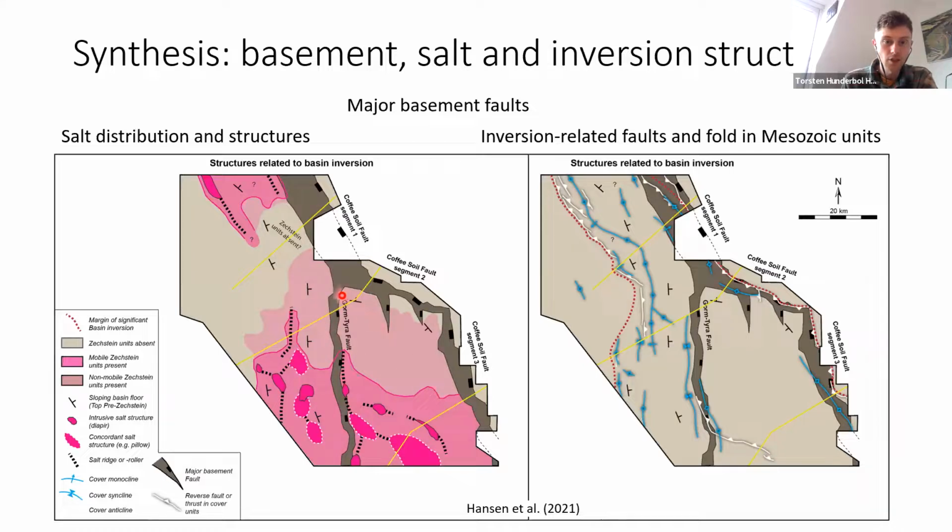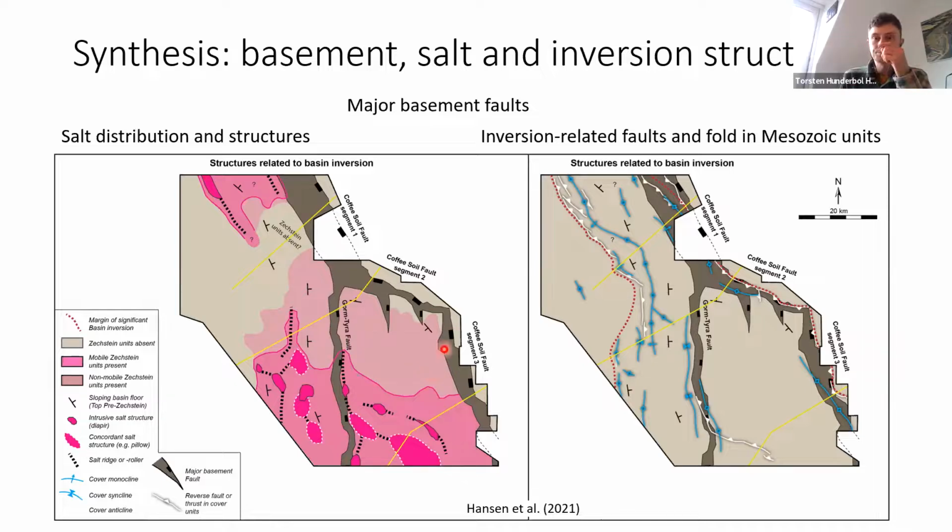Here it's so thin that it's not really mobile, but when you go further south, you'll meet mobile salt, although most of it has concentrated in these salt pillows and swells and walls, diapirs. It's actually called the salt dome province, this one here.